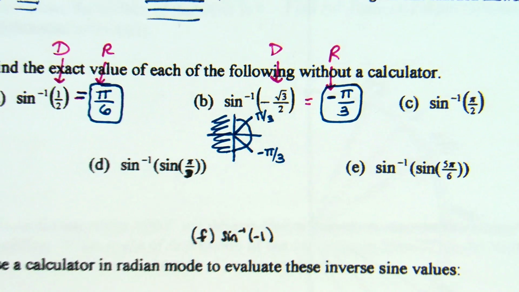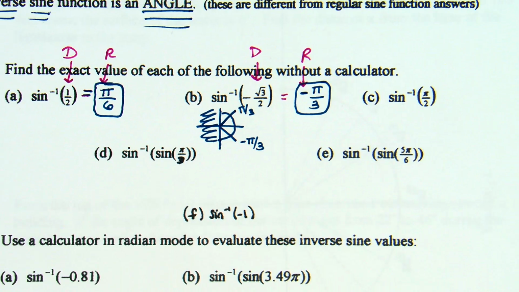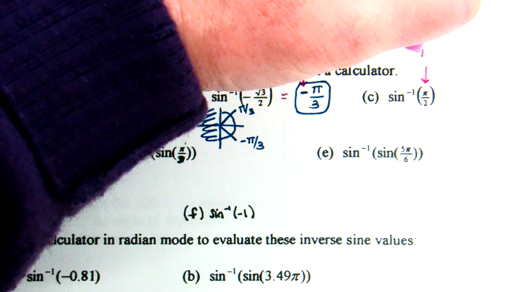Questions there? Okay, let's try C. Sine inverse of pi over 2. So first of all, what have I been asking you to do every single time? Does the domain work?